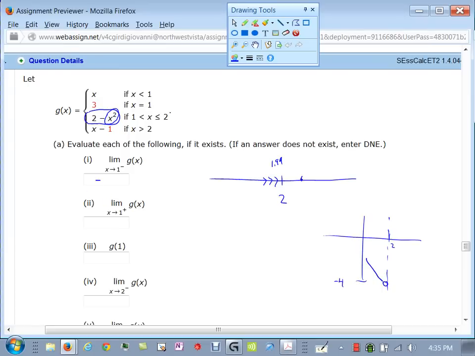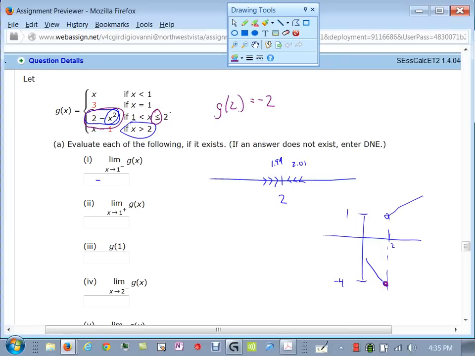Now, if I approach from the other side, like 2.01, now I'm on this one. And so I need to take a number that's a little bit bigger than 2 and subtract 1. I'm going to be really close to 1. That means I'm up here, and I'm coming in like this. And notice that at 2, just pointing this out, if I wanted to know what g of 2 was, I would plug into this, and that would give me negative 2 exactly.